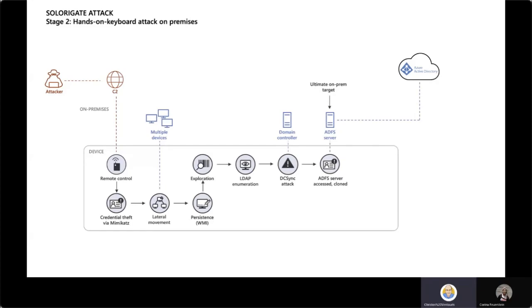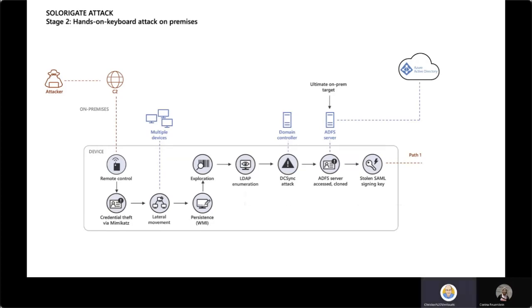With access to the ADFS server, the attackers extract the SAML signing key, and with this key, the attackers can create valid SAML tokens to access various desired cloud resources as the identity of their choosing.